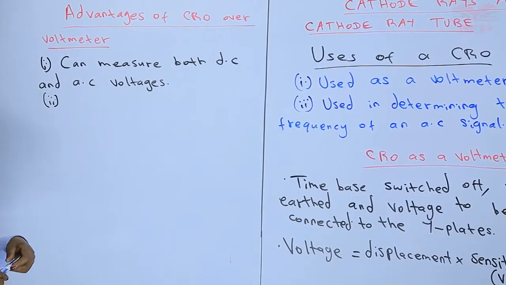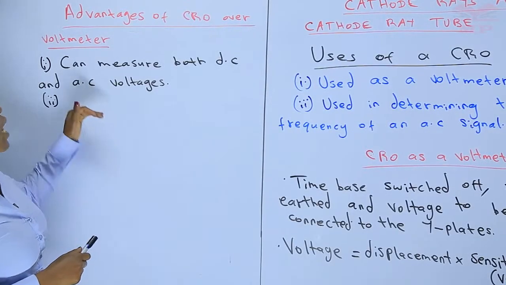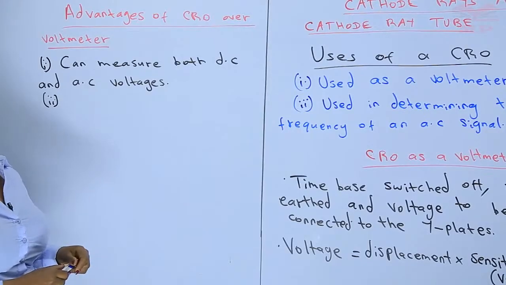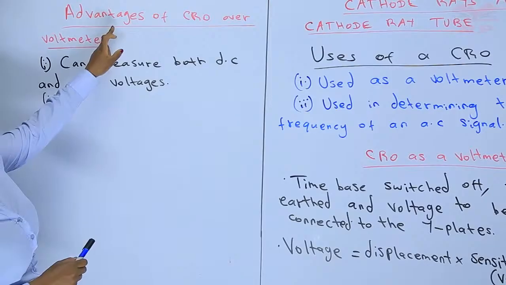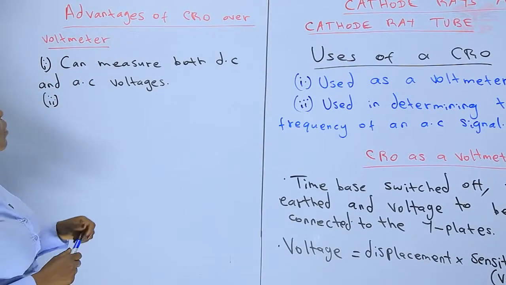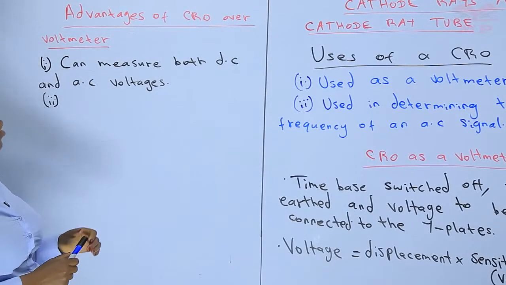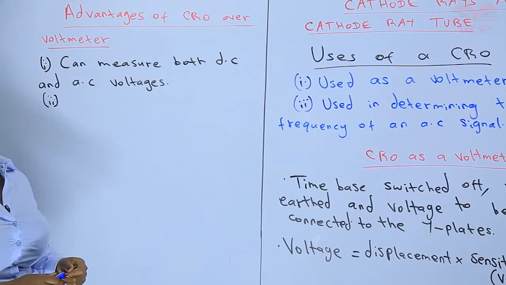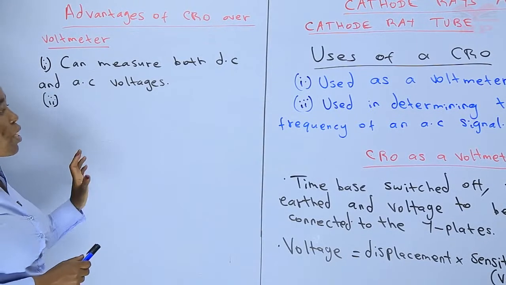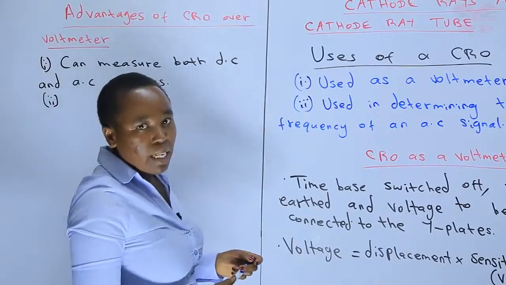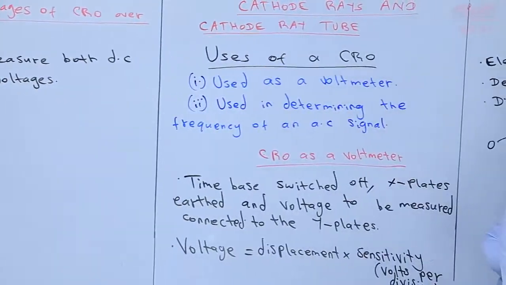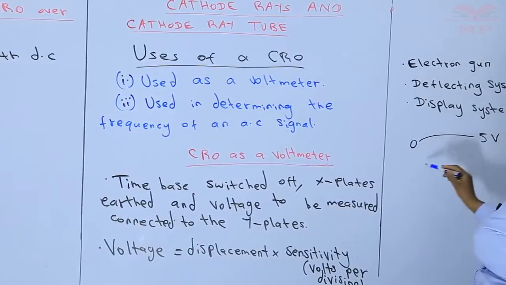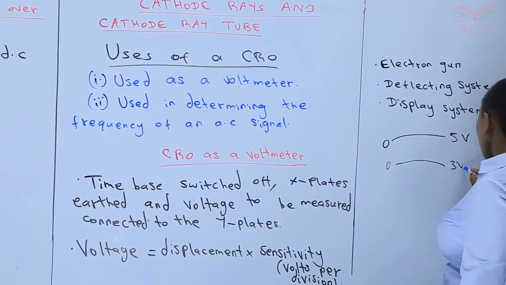Then we can also say that it can be used to measure large, not currents, but voltages, because it's used as a voltmeter. It can be used to measure large voltages without being destroyed. We know the voltmeters that we use in the laboratory, most of them range from 0 to 5 volts, others from 0 to 3 volts.